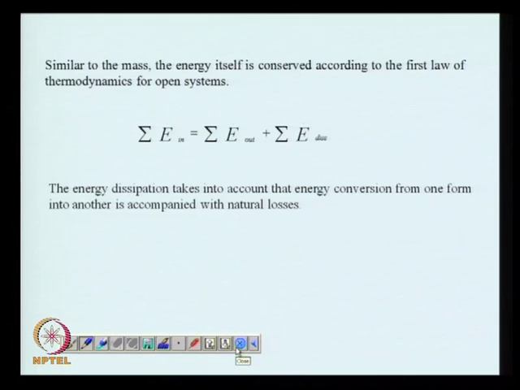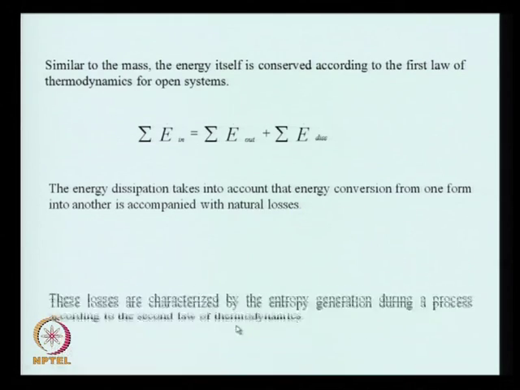So, similar to mass, the energy is also conserved, and the energy dissipation will take into account the energy conservation from one form to another, which is accompanied by natural losses. Whenever energy gets converted to another form of energy, there would be some losses which cannot be recouped, and the magnitude of the energy which dissipates essentially tells us how efficient the process is.